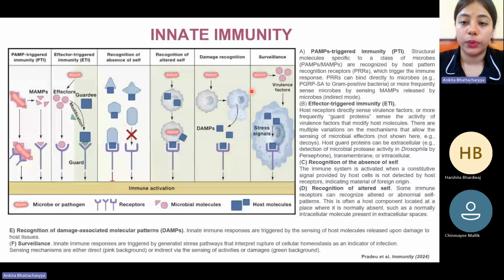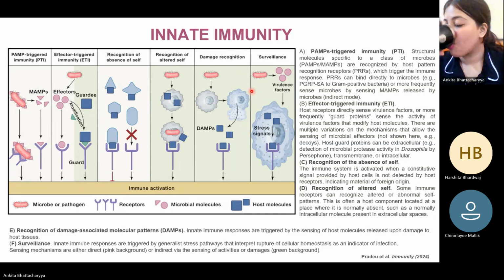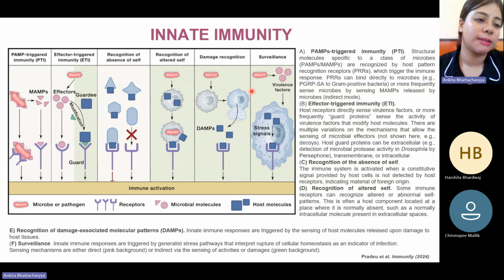As part of week 2, we had ventured into what exactly innate immunity is in more detail. We talked about the different aspects or attributes of innate immunity. The first was PAMP triggered immunity, or pathogen associated molecular patterns. Effector triggered immunity, a recognition of the absence of self, so that if self is not present, then innate immunity comes in.